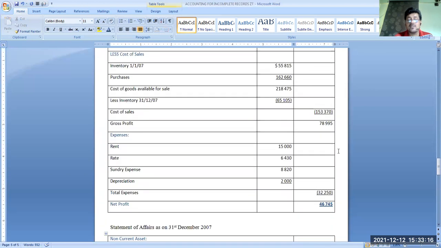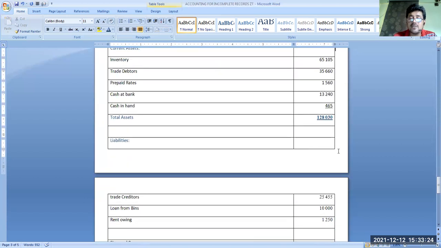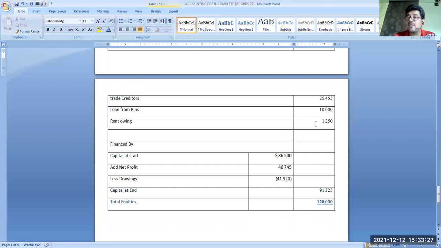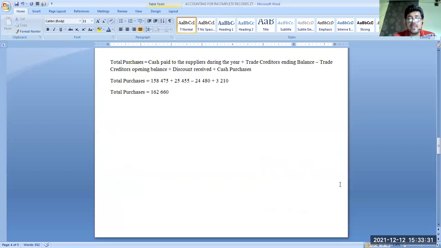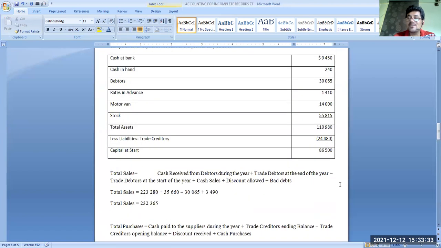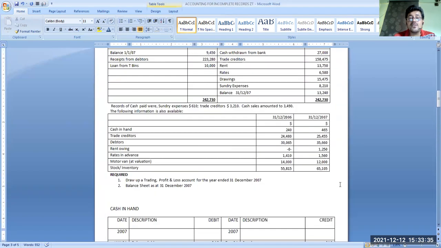So we have to be very careful while computing the income statement and balance sheet. Sometimes there was only one thing we forgot, that is rent owing 1,250, and there was a difference. So every experience is a learning experience. That's all for today.